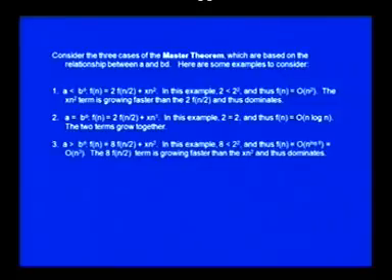F of n equal to 2 into f of n by 2 plus x into n square. F of n is nothing but your T of n only, right. So, that means this is nothing but something like T n equal to 2 into T n by 2 plus x n power 2. Okay.